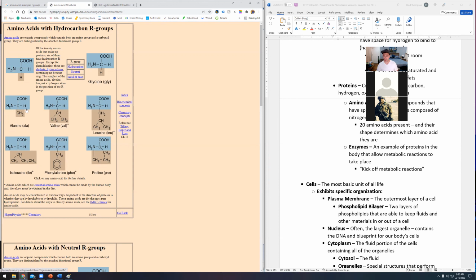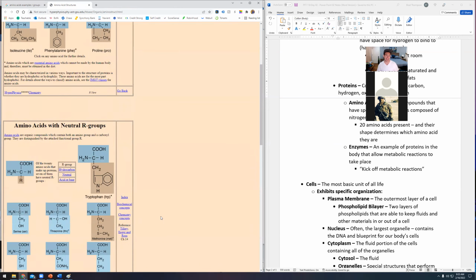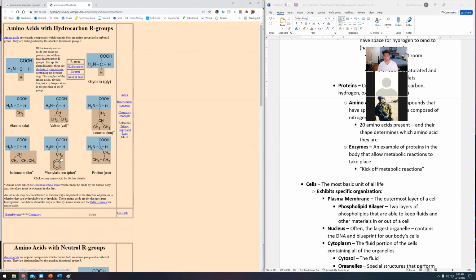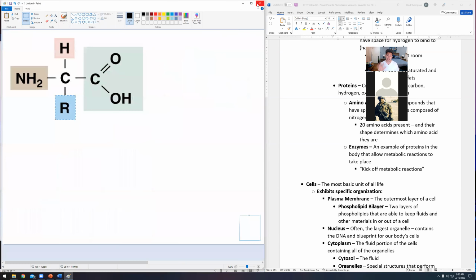It's my favorite dumb joke. But there's a lot of leans in proteins. They all look very different from one another. So there's going to be 20 different amino acids, and they're all going to be different from one another because there are 20 variations of what is going to be inside this R.